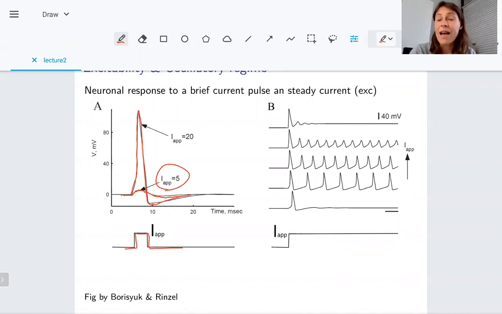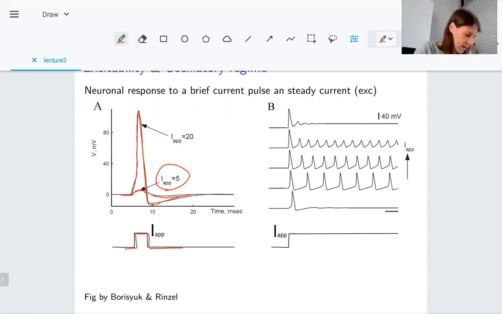These systems that have this property, that they can show these large excursions of the trajectory, are called excitable systems. And the models for a single cell, for neurons, are excitable systems, okay?